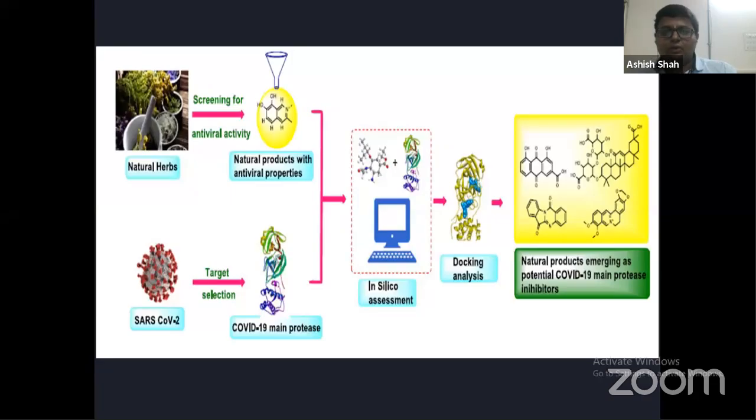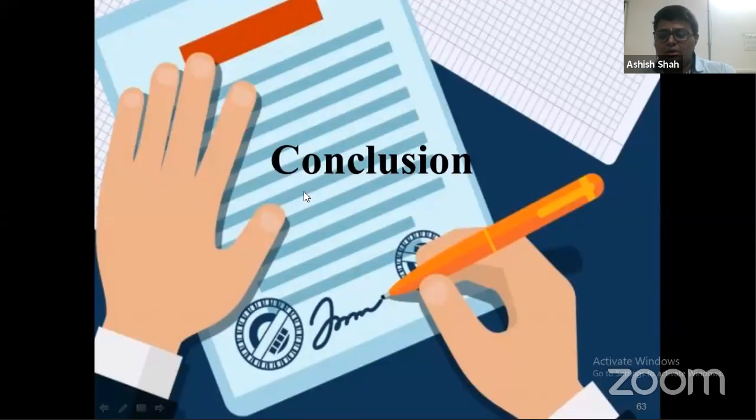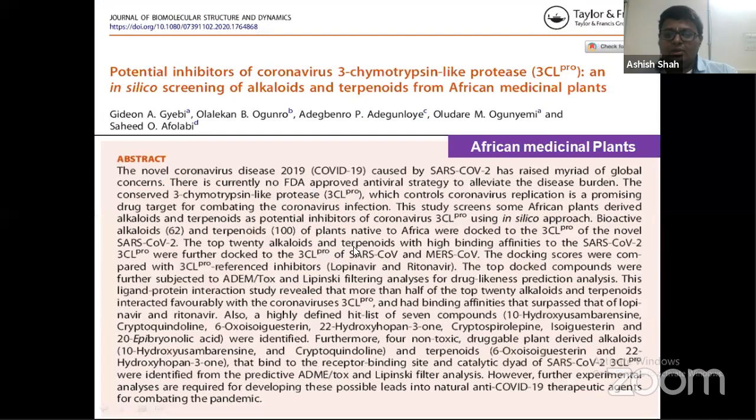And this is an example of an African medicinal plant database. This African database contains many molecules, including many kinds of alkaloids and terpenoids. Just see the title: they screened alkaloids and terpenoids from African medicinal plants.